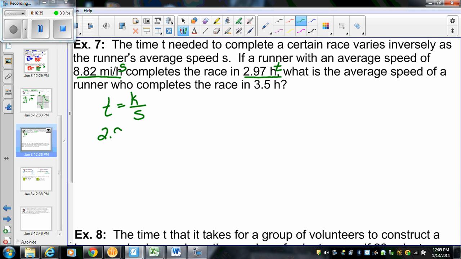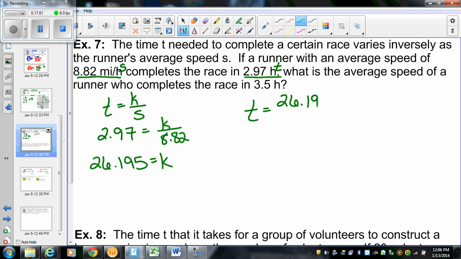So t is 2.97 when s is 8.82. So we would take the 8.82, multiply it over, and we actually get that k is 26.195. You can go to 2 decimals if you want to, but I did mine to 3. So my general equation now is t equals 26.195 divided by s.